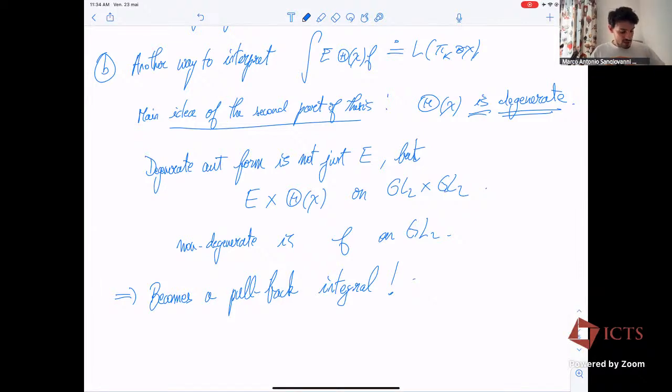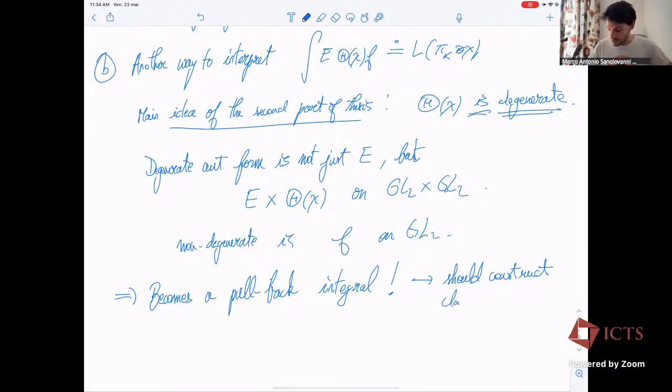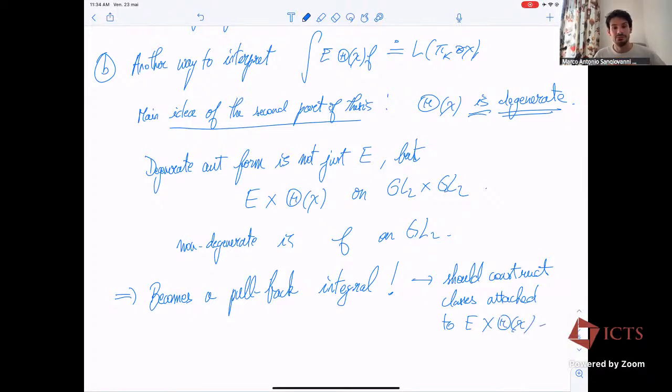Okay. So the point is that now you should construct classes attached to an Eisenstein series, so E times the theta series. Okay. So this will be the point of view that I will take in this lecture.